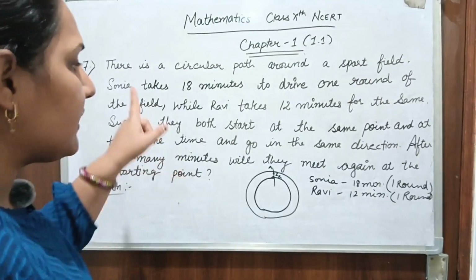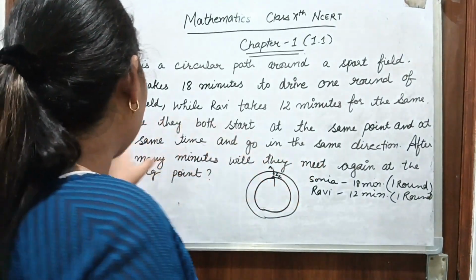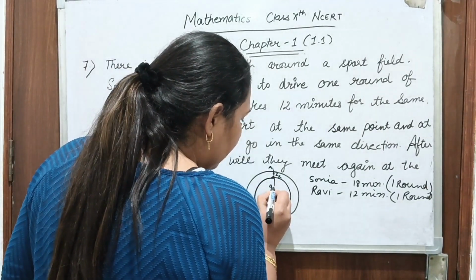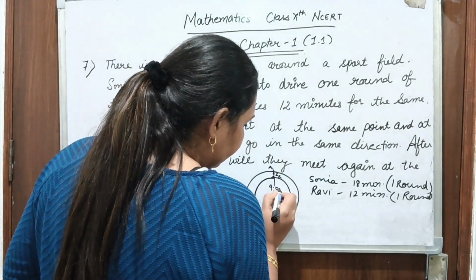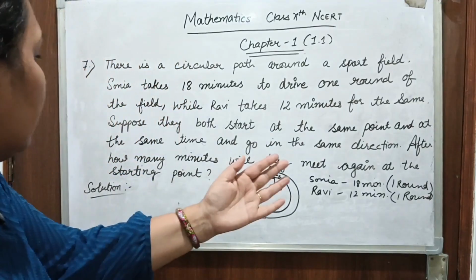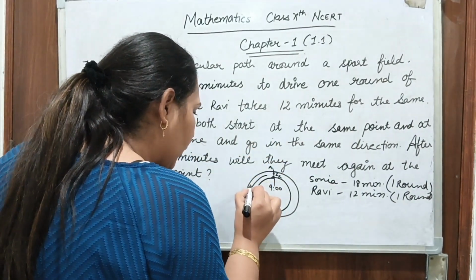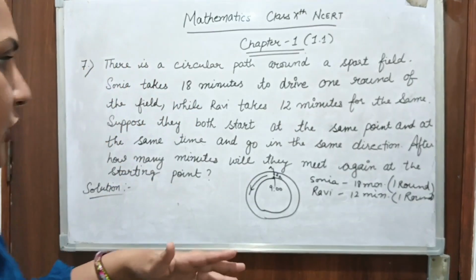Suppose they both start at the same point A and at the same time. Let us consider they both start at 9 in the morning, and they go in the same direction.